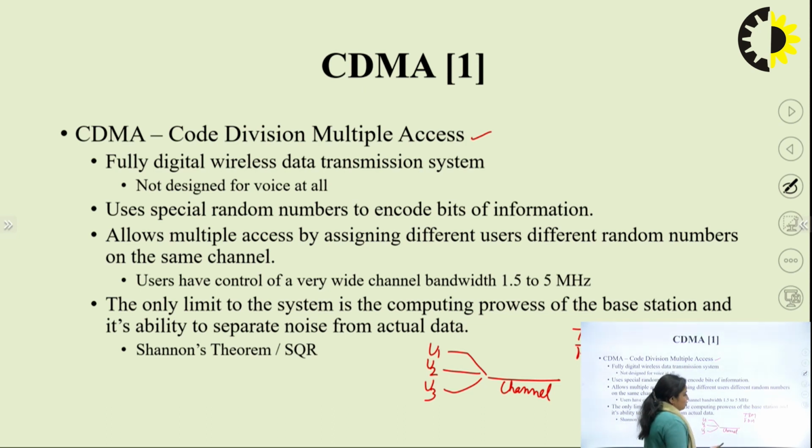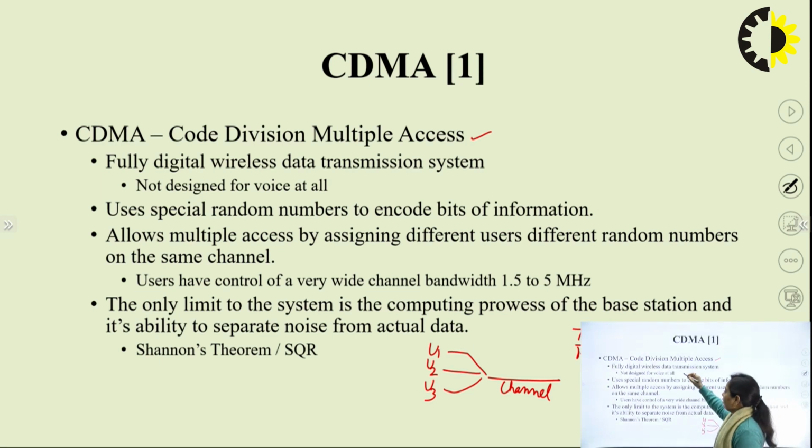So, that is the case for multiplexing. But in case of multiple access, it means when you want to access any device and that device has to be shared between n number of users. So, that is the multiple access technique. The first one is TDMA, FDMA, and next one is CDMA, that is code division multiple access.